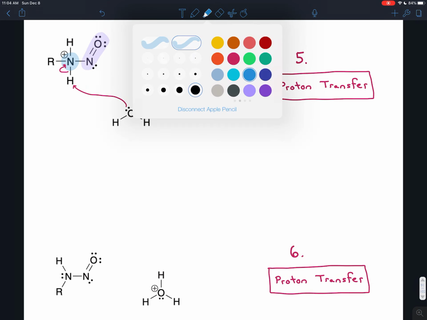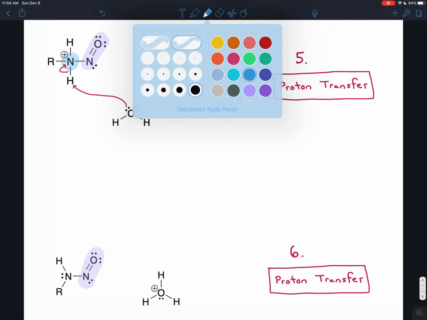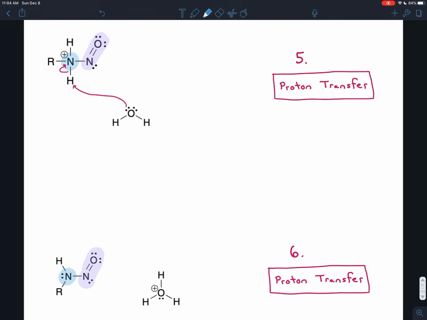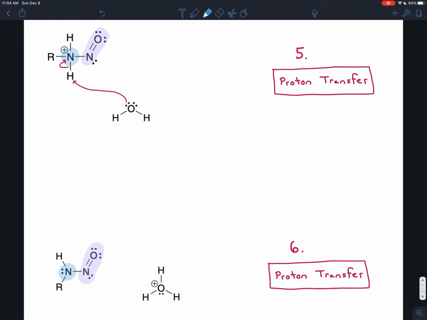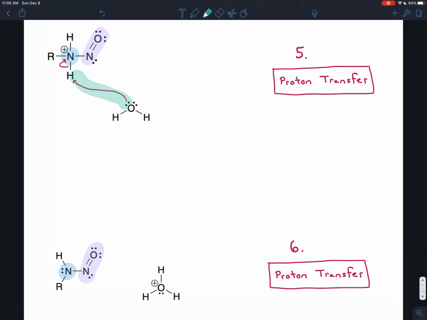So notice we still have the nitrogen double bonded to the oxygen. That stays the same. The only thing that changes is the nitrogen doesn't have that hydrogen anymore, and it also doesn't have the positive charge. In the process, this oxygen has accepted a hydrogen and the positive charge that comes with it. And so we have hydronium.